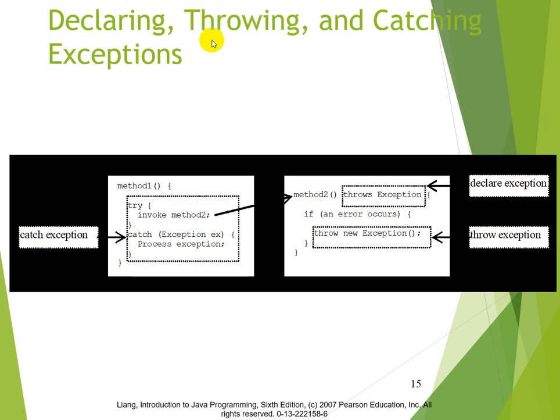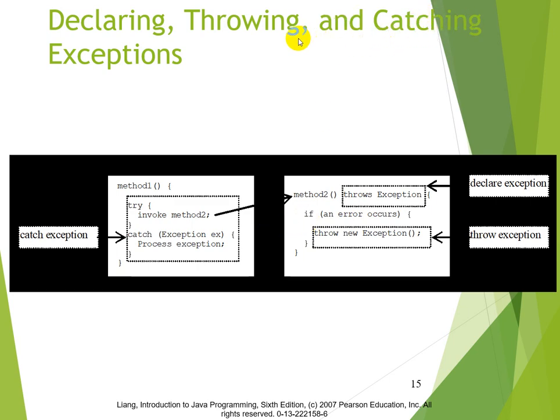Then if the exception occurs, you will have to throw it. Throwing basically comes under two parts. One is that you explicitly throw the exception, and another is that it is automatically thrown by the compiler. We'll discuss in more detail through these two examples. And the third one is the catching.